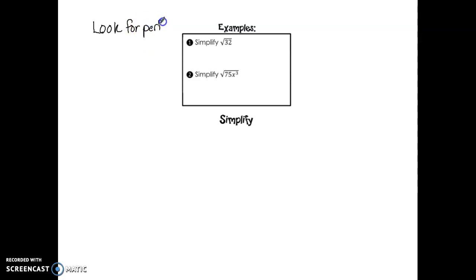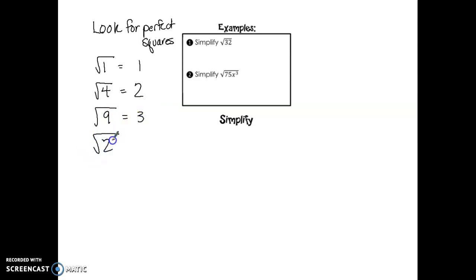Perfect squares are ones that when I take the square root of them, I actually get a whole number. So the square root of 1 is a perfect square. The square root of 4 is a perfect square. That root is 2. The square root of 9 is a perfect square. 25, you have a list of them in the front of your ISNs, and you start to recognize these perfect squares. That's what you're looking for when you have a square root.